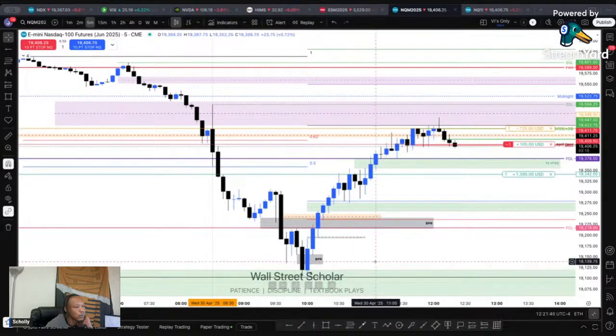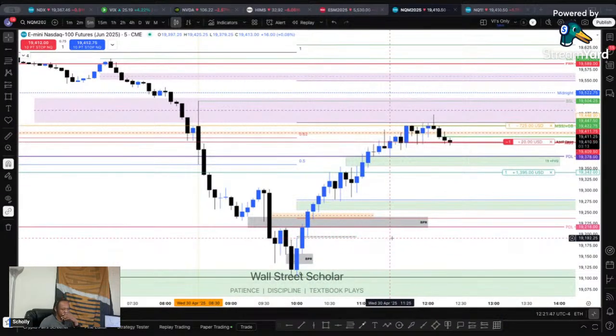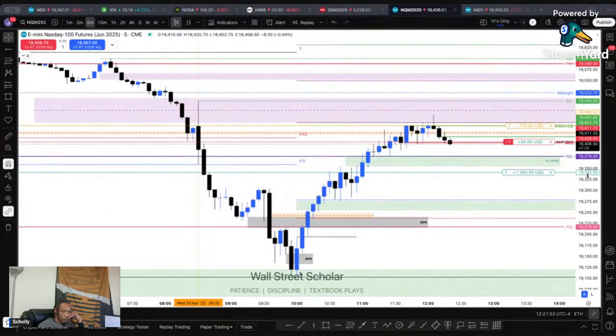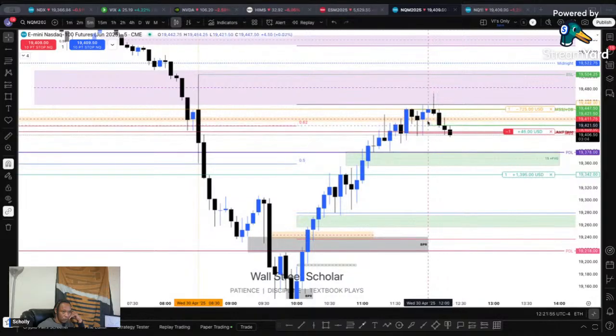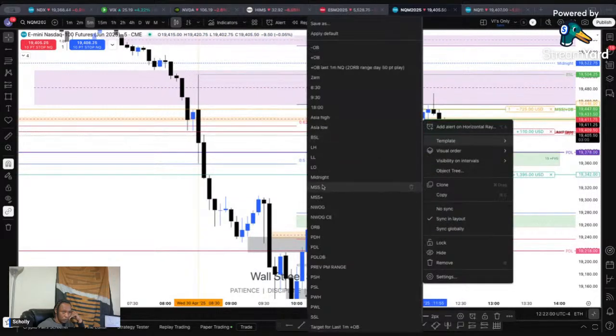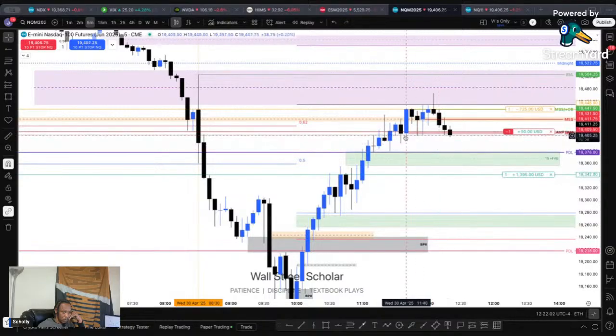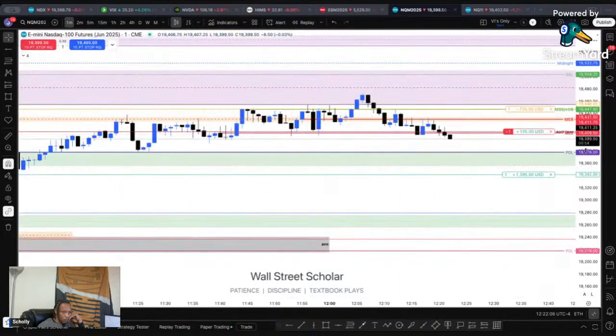And look at that 5-minute candle that I told you. What's this? 431. Put you a line right there. 431. Put you a line now. Now go to the 1 minute. Look at that.